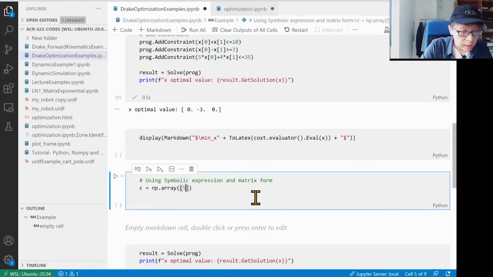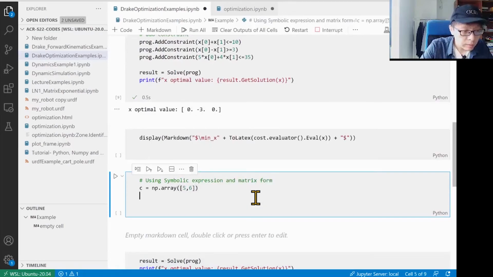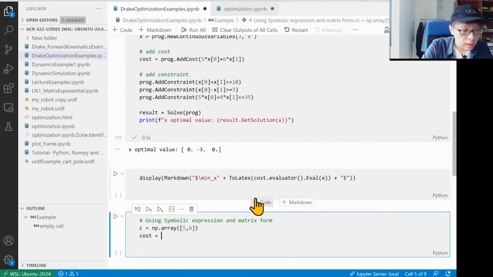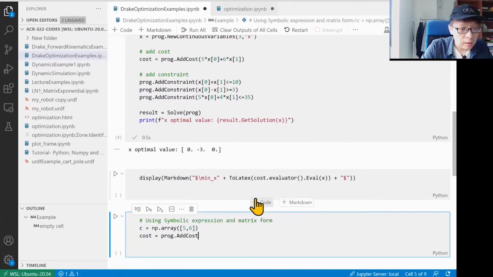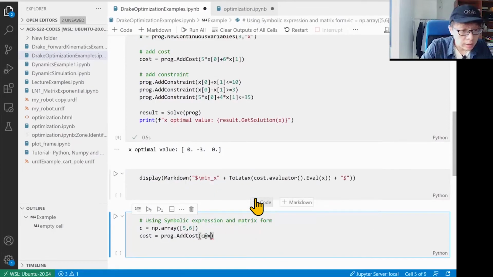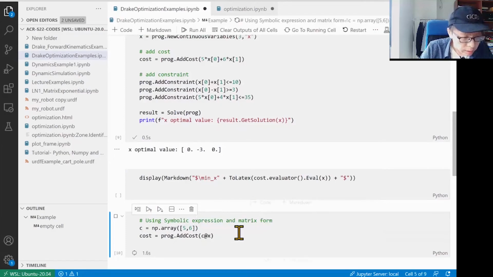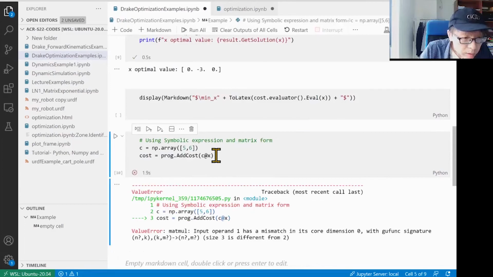So I will call that 5, 6. Then I can also say cost equal to prog add cost, which is C dot transpose x. It doesn't work this way.